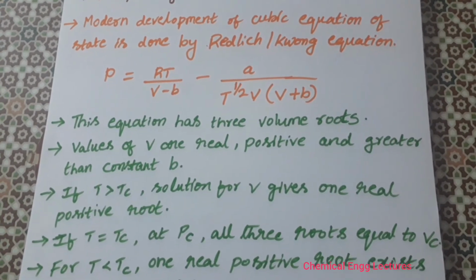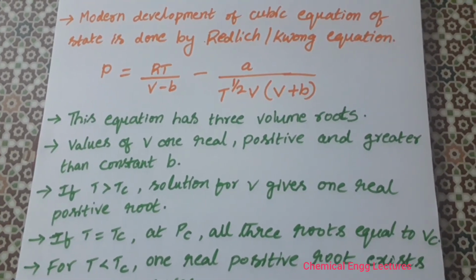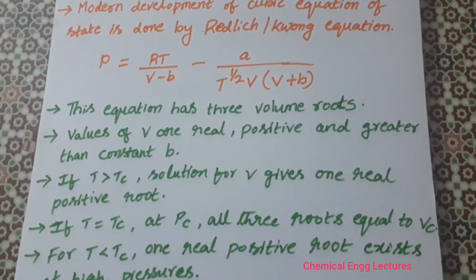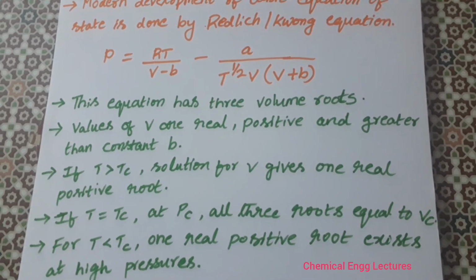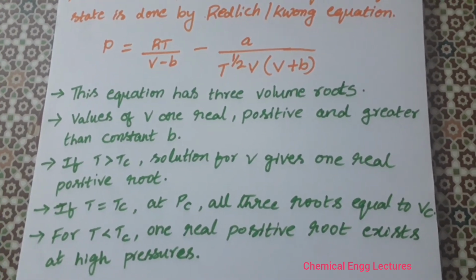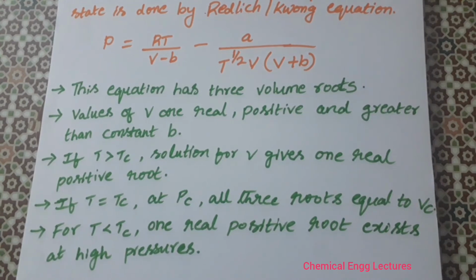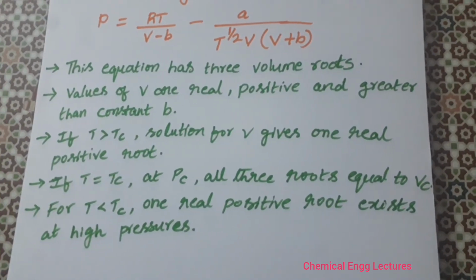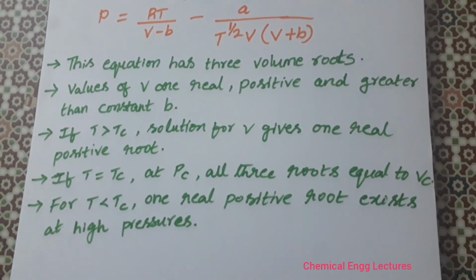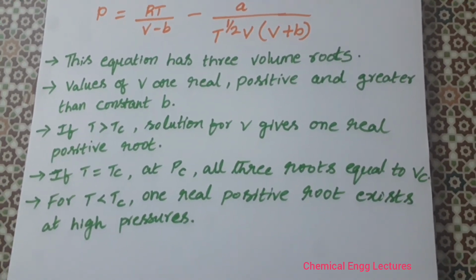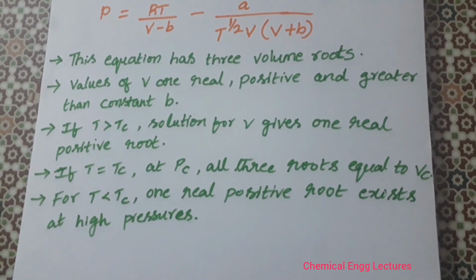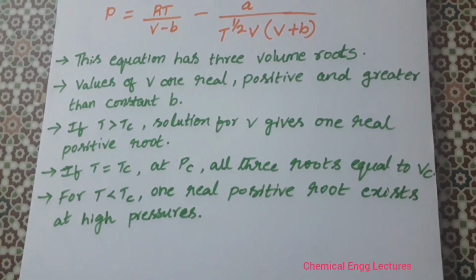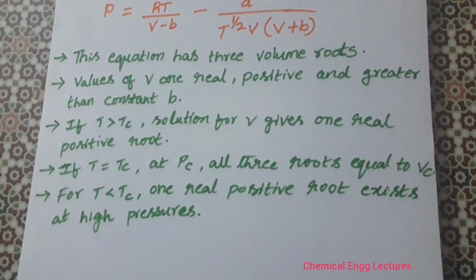That is P equal to RT by V minus B minus A by T power half V into V plus B. This equation has three volume roots, and these values of V are real, positive and greater than this constant B. If you take T greater than Tc, then the solution for V gives one real positive root. If T equal to Tc, then this is true, but at Pc, that means critical pressure, all three roots will be equal to Vc.